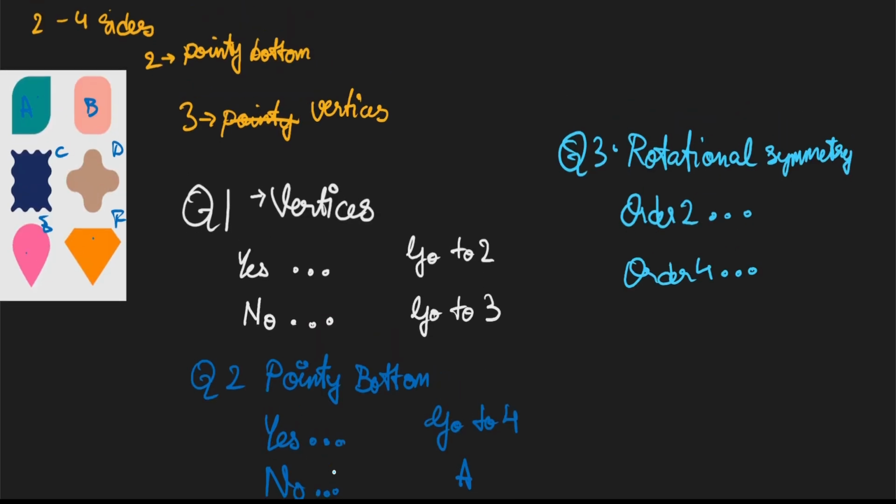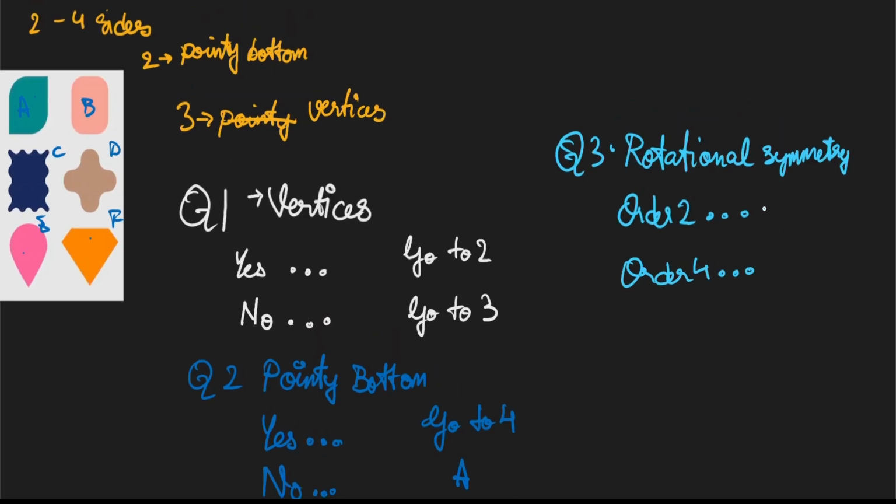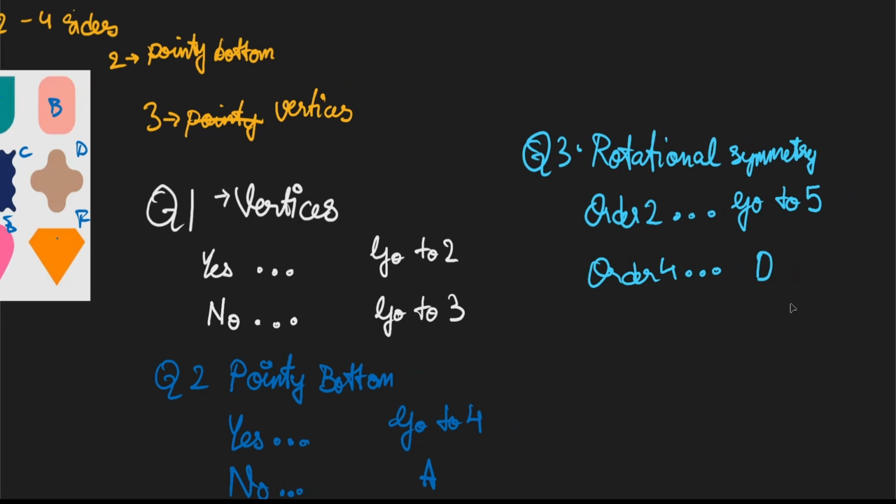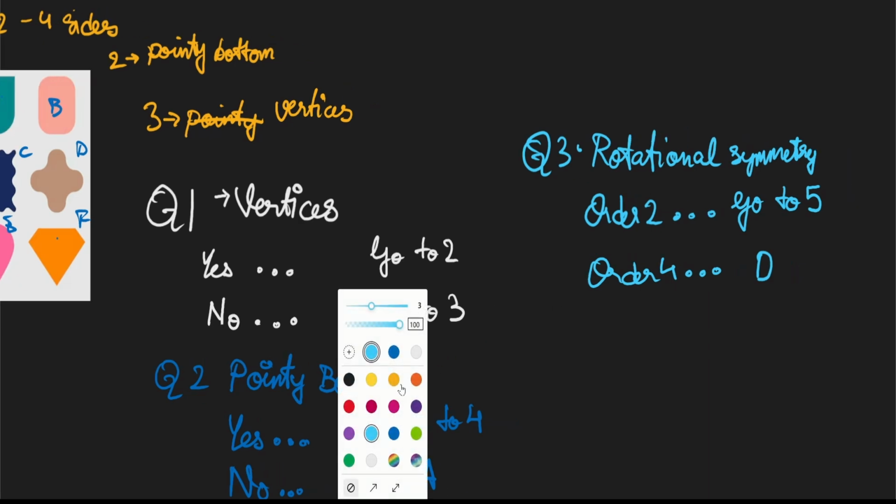Now, if it does have order 2, here we'll go to 5. No. Else, if it has order 4, it's shape D. Now let's look at our fourth question.